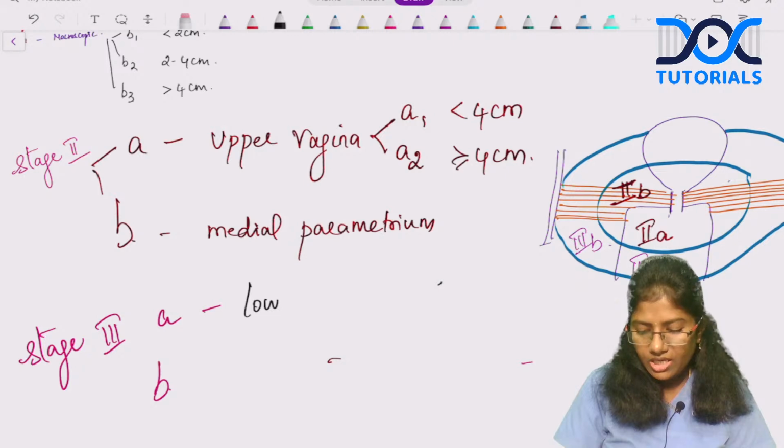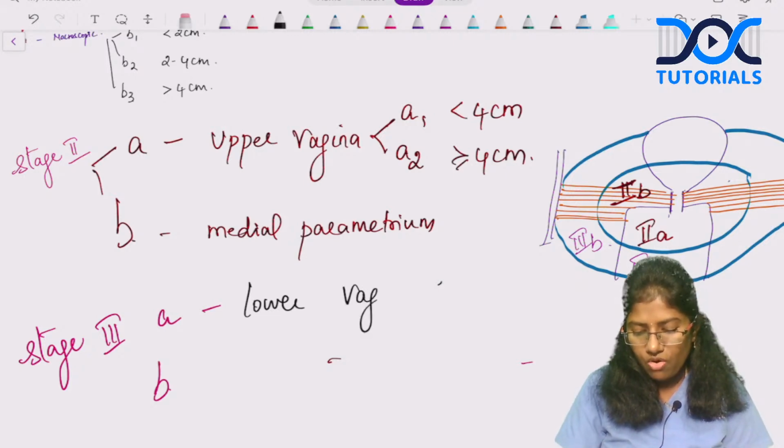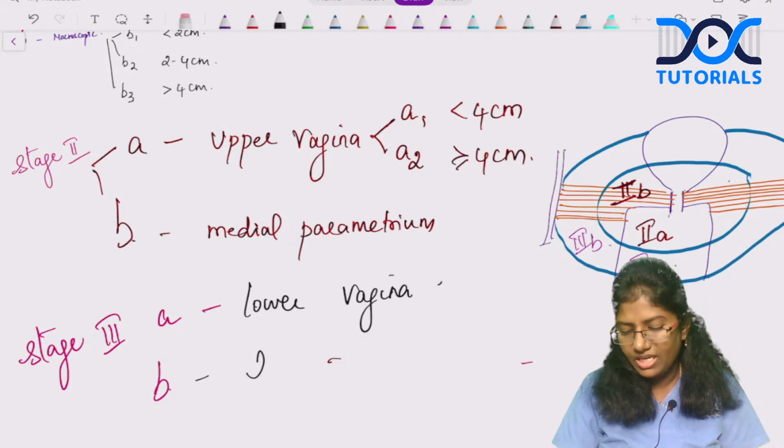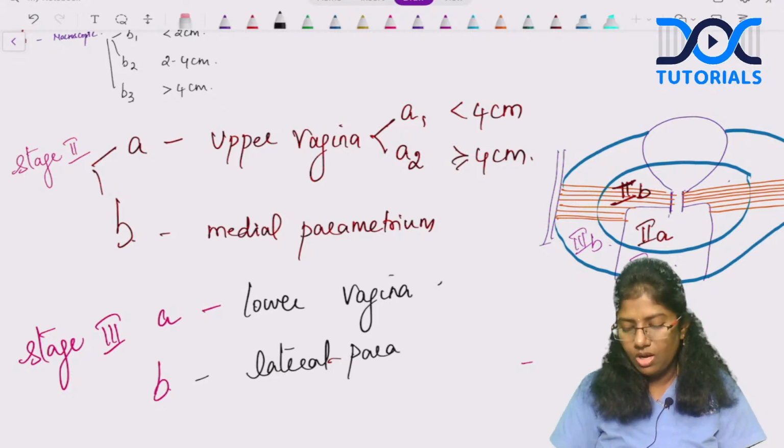When I say lateral parametrium, it includes pelvic wall, touching the pelvic wall.